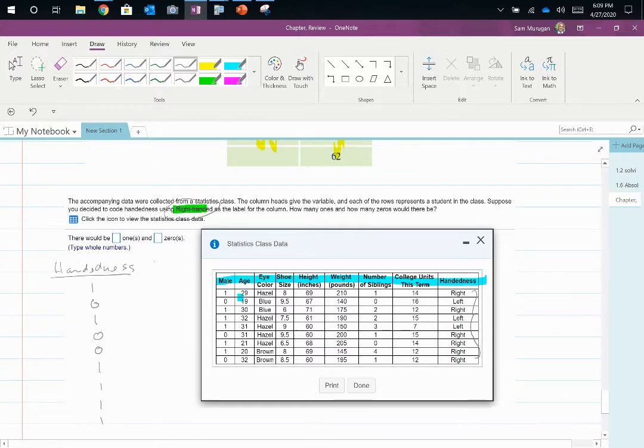Okay, so everything that's not right-handed would be a 0. So I would have 1, 2, 3, 4, 5, 6 ones, and 3 zeros. Okay, you check, 3 and 3, 6 and 3, 9 sets of data to make sure that your data is correct.